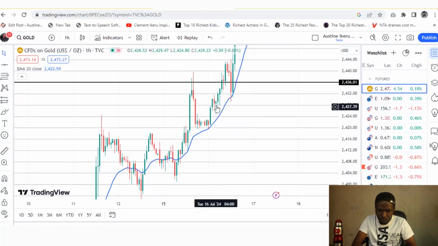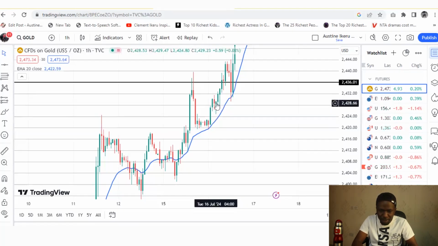If you look, this is what we call the hammer. This is a bullish reversal candlestick pattern, right? Once you see this hammer, it tells you that the price is still going up. So you are expected to take a buy trade after this hammer forms at an area of value. You can clearly see that the hammer is very close to the moving average, right?